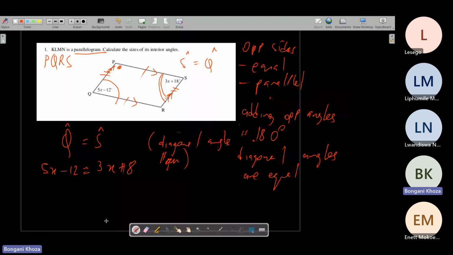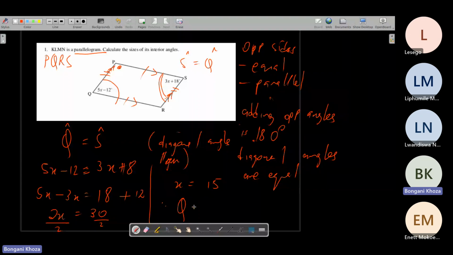And then we solve this as any other equation, collecting like terms. 5x minus 3x equals 18 plus 12. This gives us 2x equals 30. Then we divide by 2 on both sides, and we get that our x value is 15. So we can plug in 15 over here.